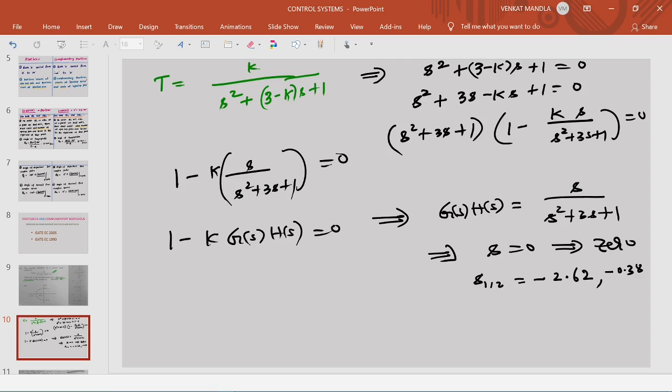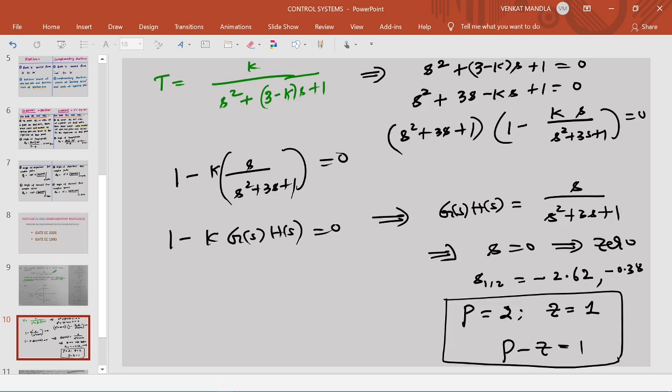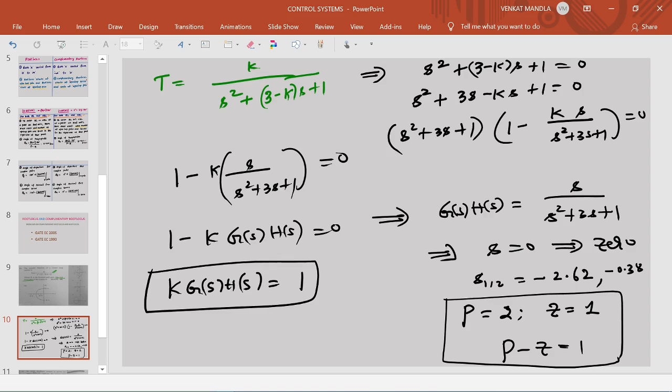These are the open loop poles. That is, the number of open loop poles is 2 and the number of open loop zeros is 1, and P minus Z equal to 1. I will find out the angle criterion.